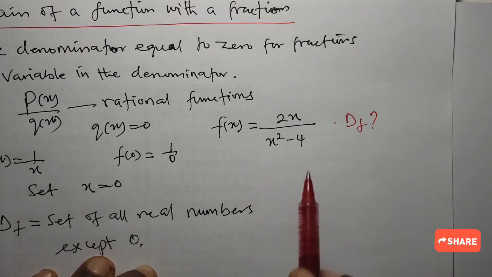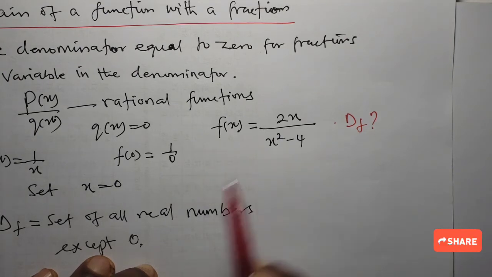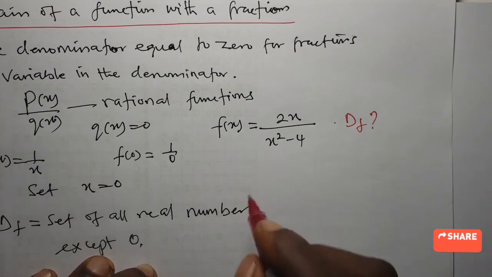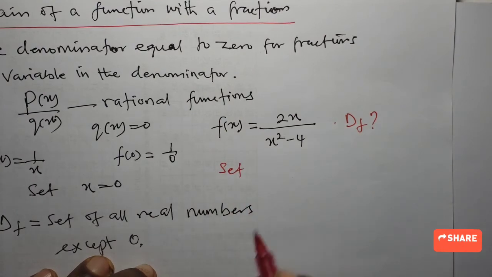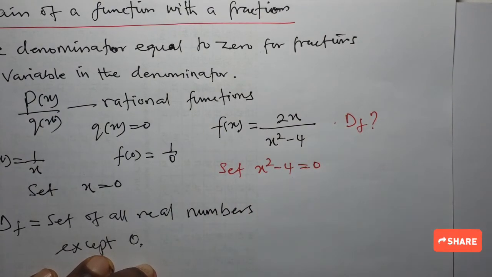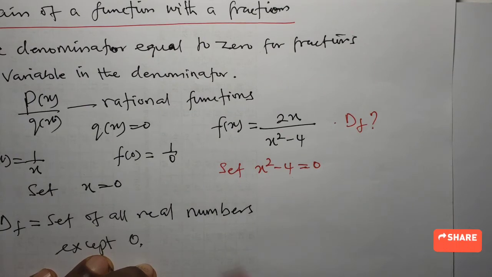We observe again that this function is a fraction with a variable x in the denominator. And the rule says that if we have such a function, we should set the denominator x squared minus 4 equal to 0 and solve.